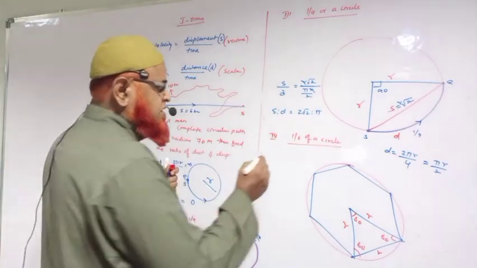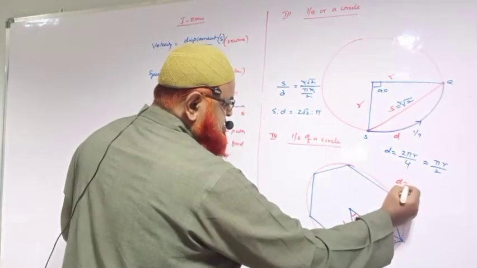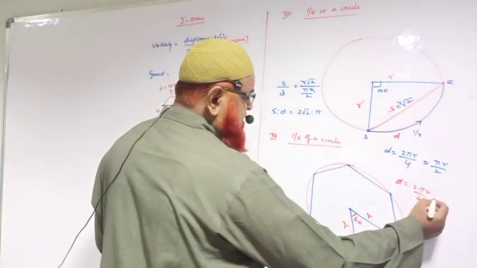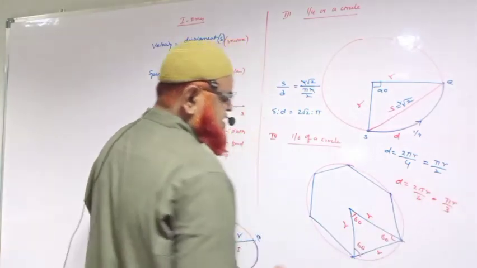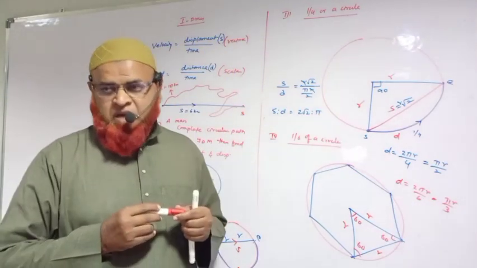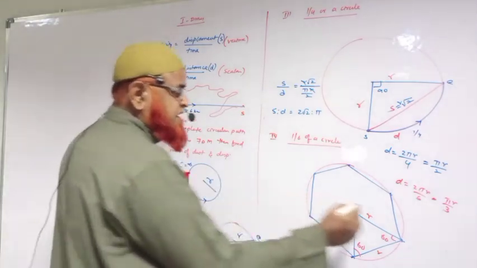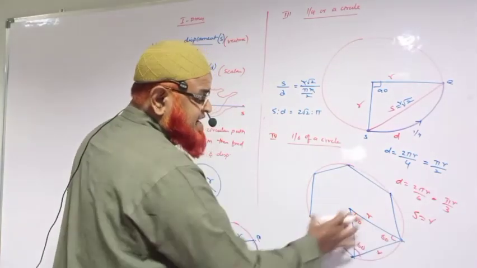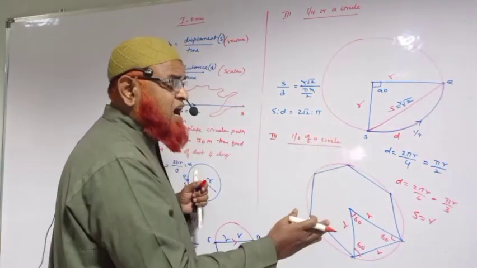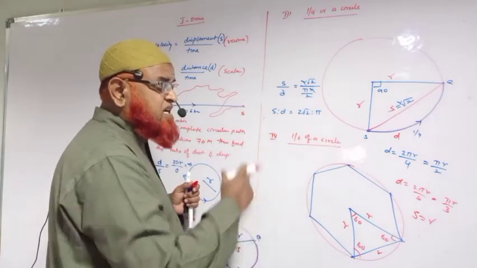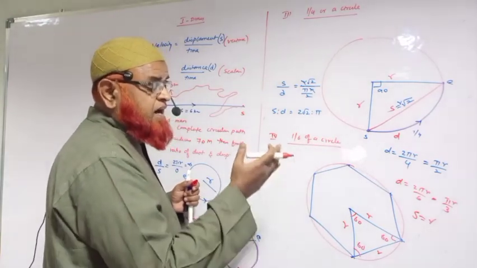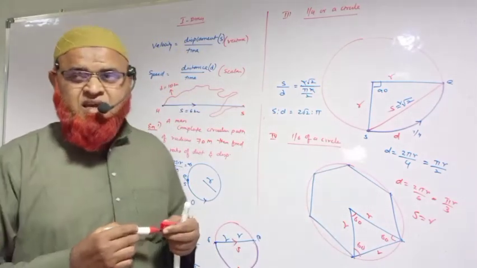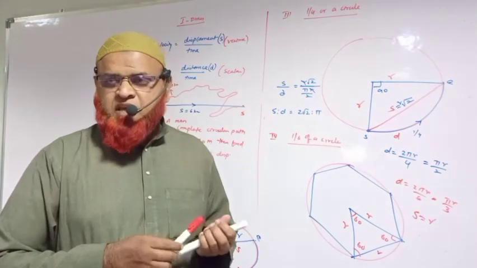Then, what are you going to do here? Distance is nothing but 2 pi r by 6. 1/6 of the circumference is going to be pi r by 3. Pi r by 3. And displacement is how much? It is nothing but r. You understand that this distance is r only if you completely convert the circle into a hexagon and divide the hexagon into 1/6 parts, which is going to be an equilateral triangle whose sides are the same.